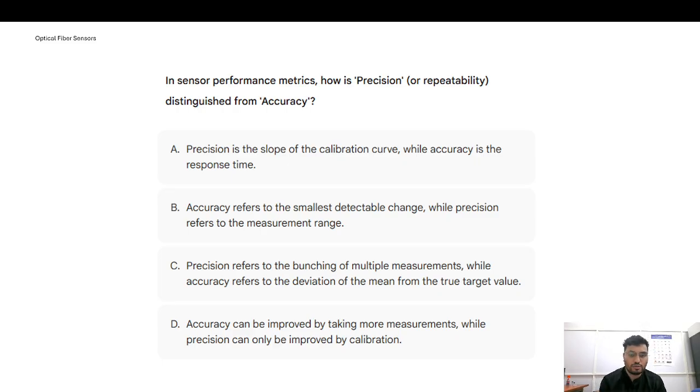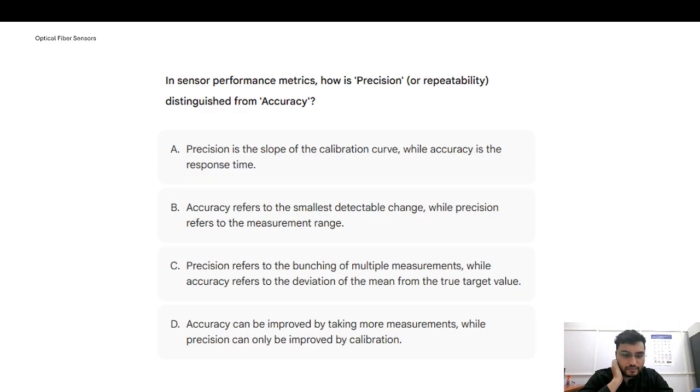Option A says precision is the slope of the calibration curve, while accuracy is the response time. Option B says accuracy refers to the smallest detectable change, while precision refers to the measurement range.